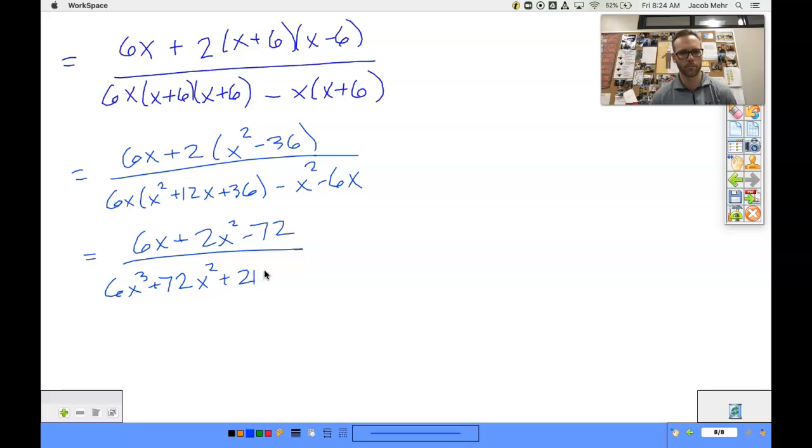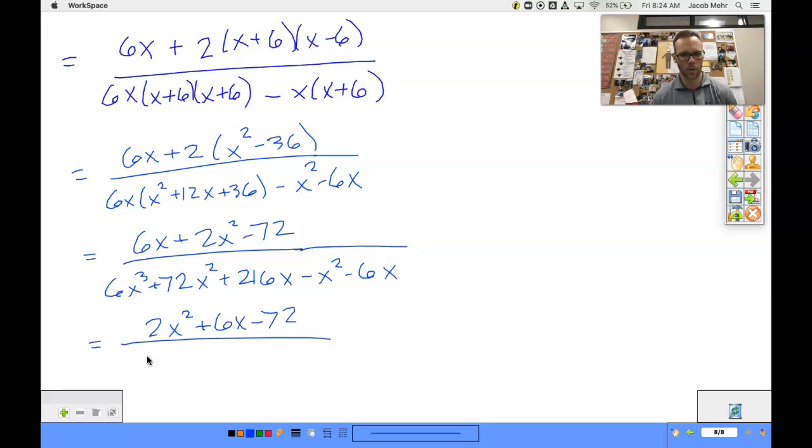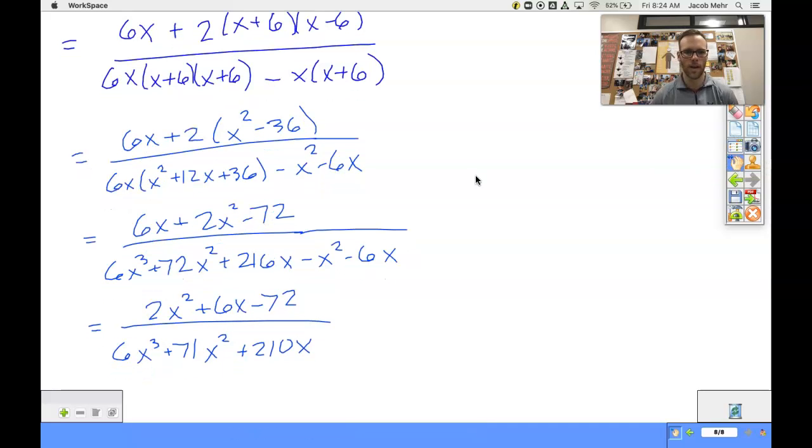Yep. All right, so 2x squared plus 6x minus 72 over 6x cubed. There's a 72x squared and a negative 1x squared. That's 71x squared. And then 216x minus 6x, 210x. And that looks good.